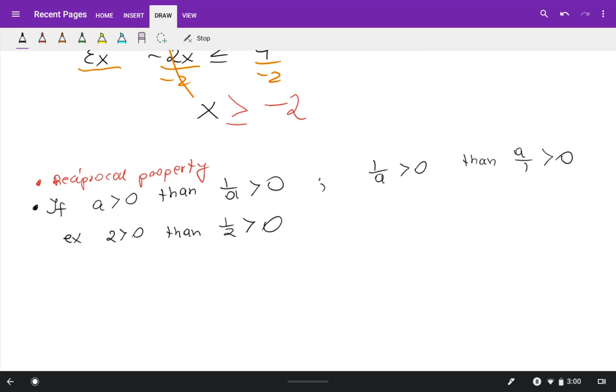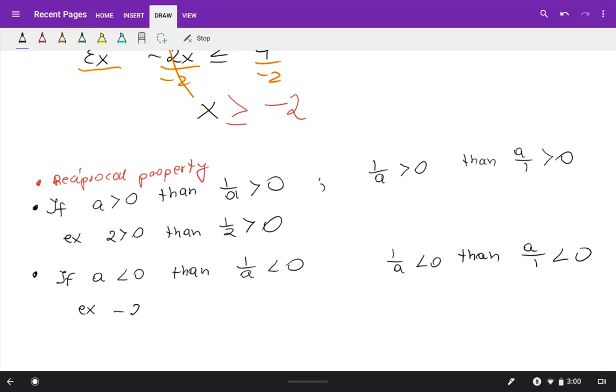So that's one. And another one will be if a is less than 0, then the reciprocal also will be less than 0. Or you may see if the reciprocal is less than 0, then a over 1 is not greater, it's less than 0. So I will give you an example here.